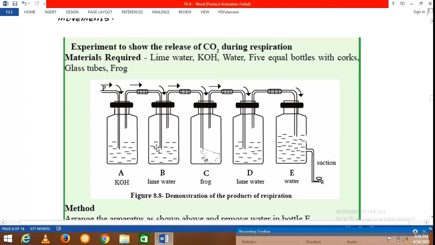So our observations are, in B, lime water does not turn milky. In D, lime water turns milky. The reason is during the respiration of the frog, carbon dioxide gas is released, and that gas gets dissolved in lime water in D. Therefore, in D, lime water turns milky.